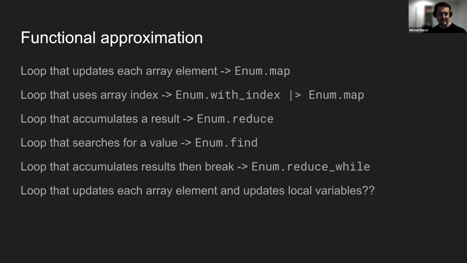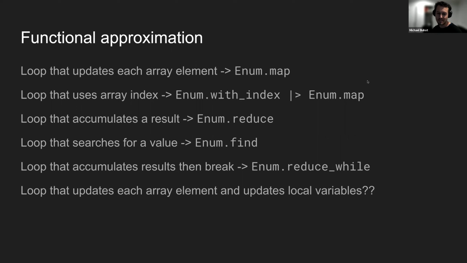And this got me thinking that for all of the different types of loop that you might write in an imperative language, there's a named function to do that in Elixir. So if you've got something that updates each array element, you'd use Enum.map. Or if you need to have access to that array index, you can use with_index and then map.